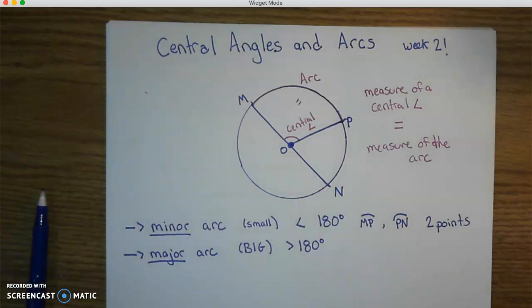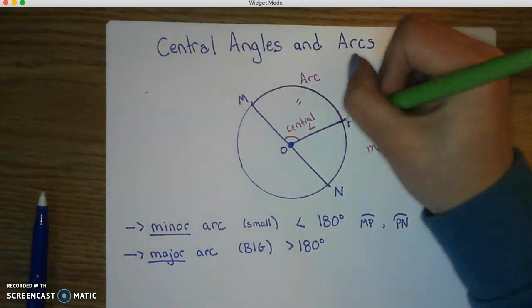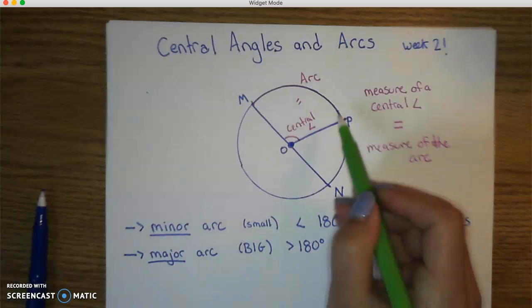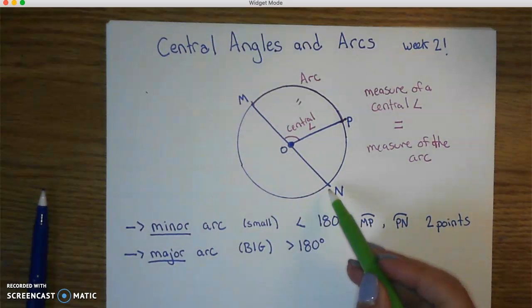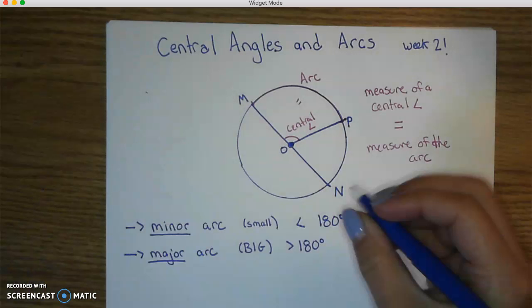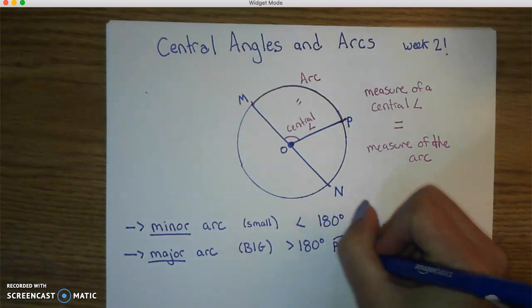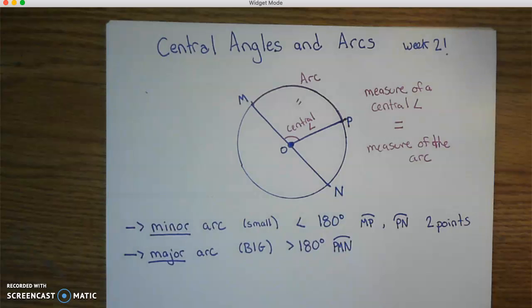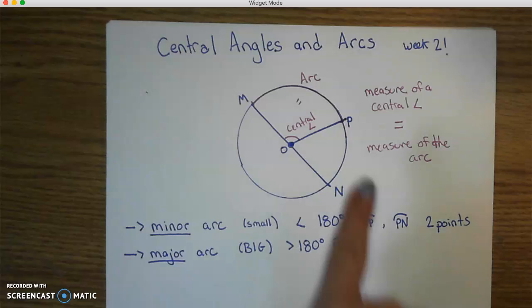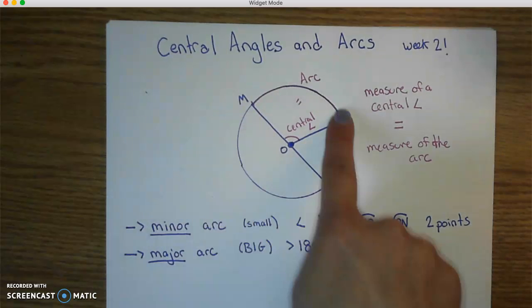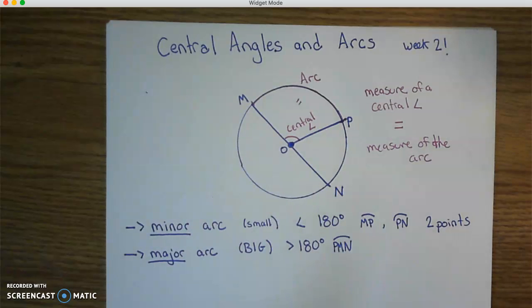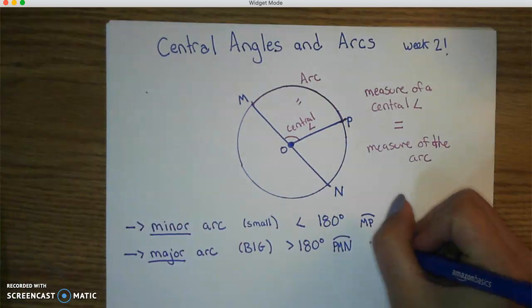So for example, that might be arc PMN. So we could say arc PMN is a major arc because it is bigger than 180 degrees. It's this huge arc right here. And so for a major arc, we use 3 points.